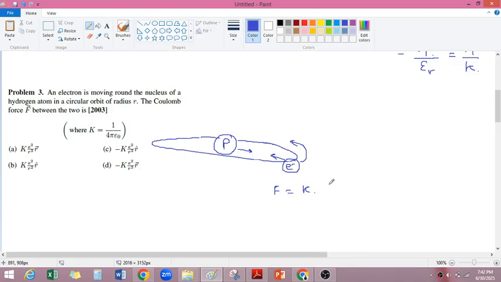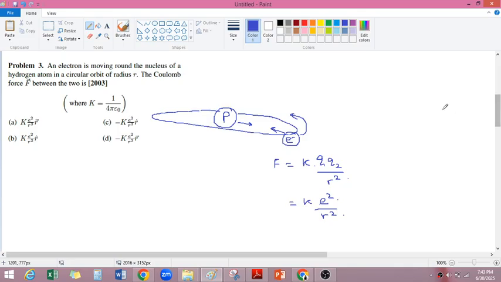So F is K Q1 Q2 by r squared. Q1 is the charge of the proton, Q2 the charge of the electron. So e into e becomes e squared by r squared. But I think they have given it in vector form. So in vector form, the simple method I remember is A vector is equal to A magnitude into A cap.